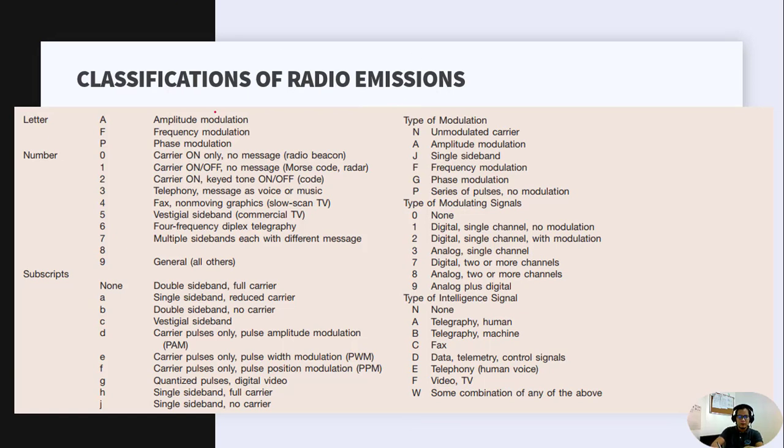Halimbawa, I have an A3E. Ano ito? So, titingnan natin yan. Itong signal na to ay amplitude modulated. Then, pagdating dito, 3. Gumamit siya ng analog signal. Tapos, E. A3E pala ay voice. So, ito pala ginagamit to communicate using voice.